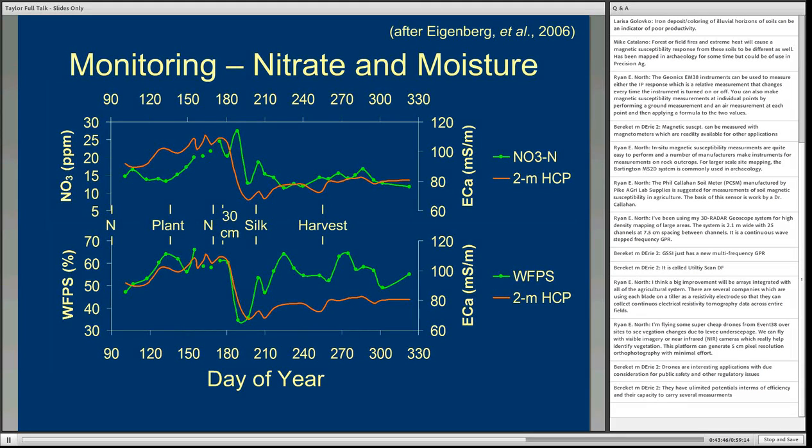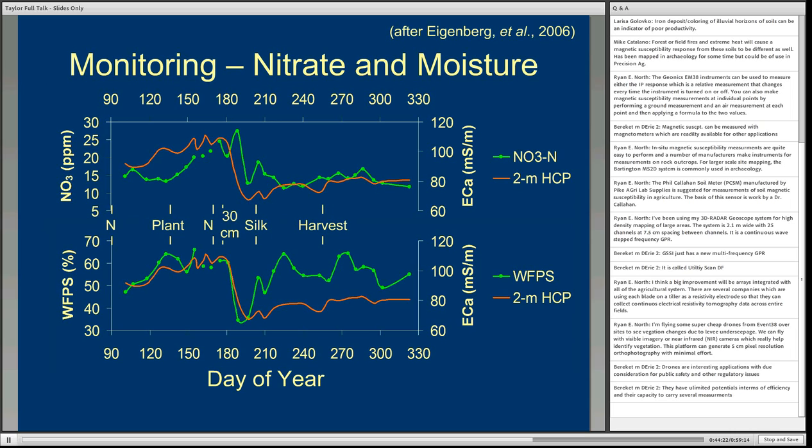But Roger and his group measured conductivity as nutrient was applied, nitrate was applied to the corn plot, and they also measured the degree of saturation of this corn plot. The really major effects in conductivity that they found had to do with saturation level and also nitrate dissolved in the pore fluid.